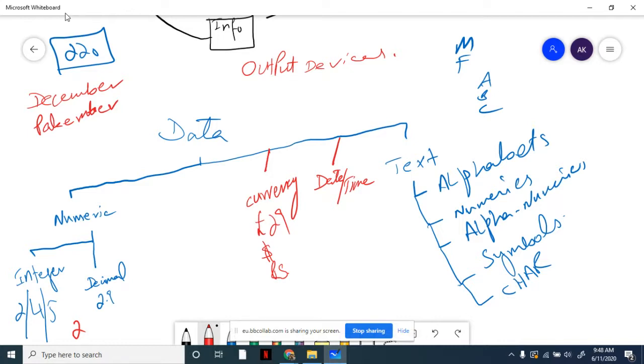Then we have another data type which is called Boolean. Boolean means yes, no. Boolean means true, false. Booleans mean 1 and 0. If at some place we have to give a proper data type, we use Boolean for that purpose.